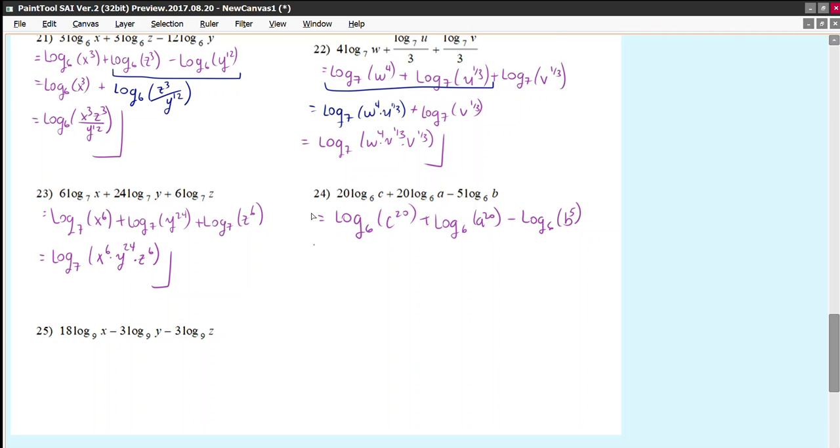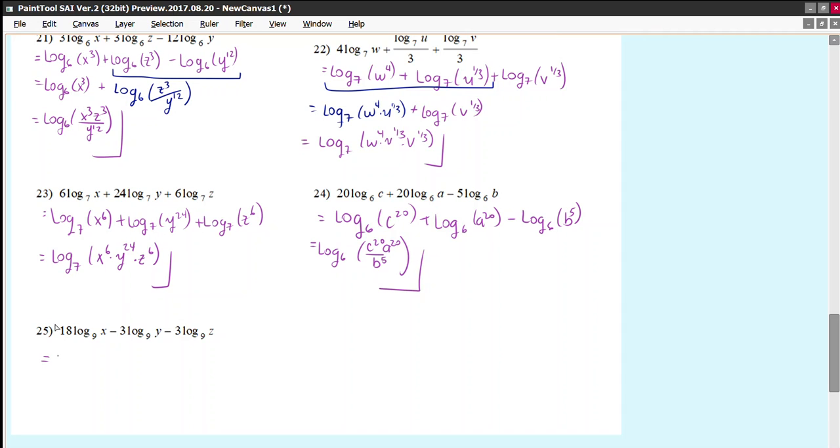These two logarithms are positive, meaning that the arguments are going to be multiplying each other in the numerator, and this is negative, meaning that its argument is going to be in the denominator, dividing.